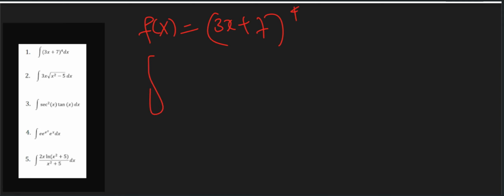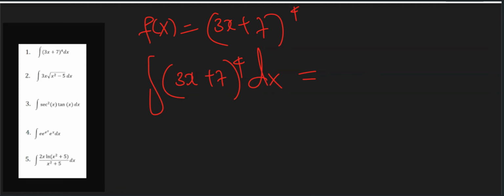Using U-substitution, f of x equals 3x plus 7, all to the power 4. That implies that the integral of f of x, which is 3x plus 7 power 4 with respect to x, will be given by... first of all, we need to identify what our u is.